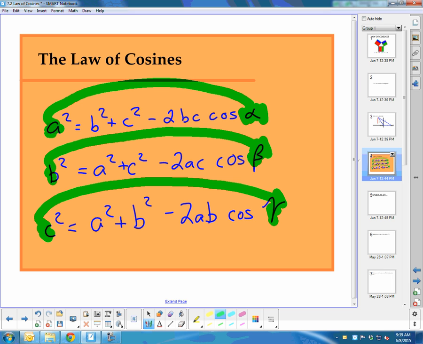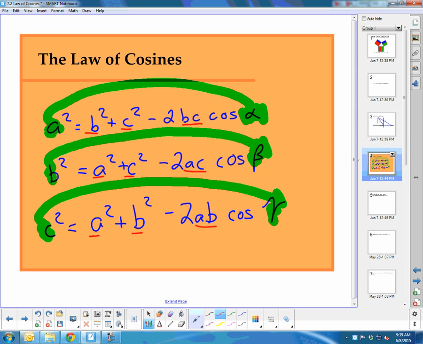The other thing that is helpful to watch for is which values are involved. Maybe I can do an underline: b and c are involved there, a and c are involved in 2ac, and a and b are involved there. So there's some patterning to it to help you remember.